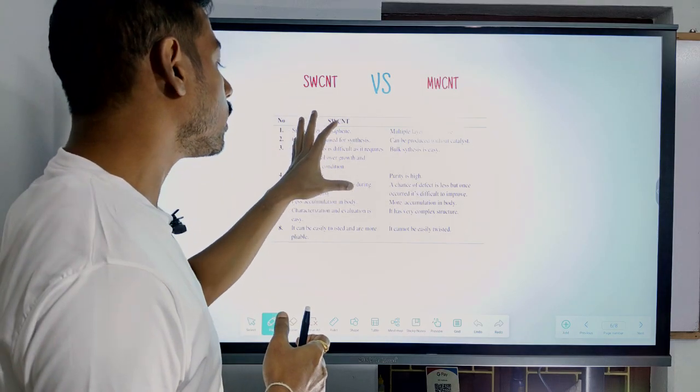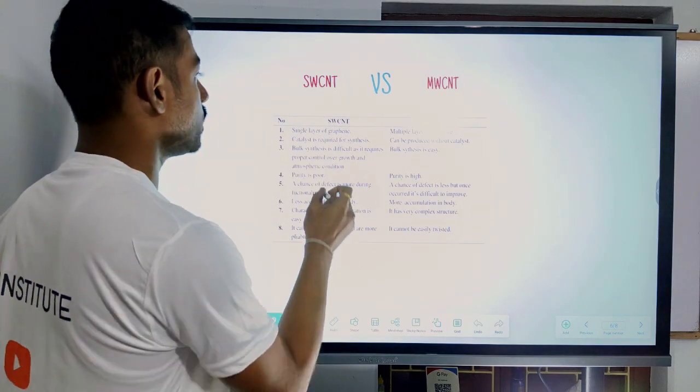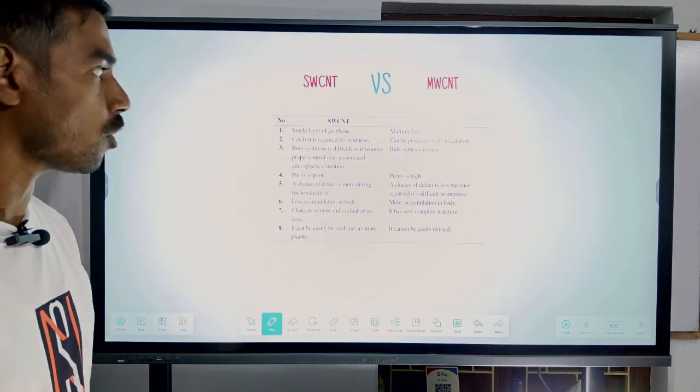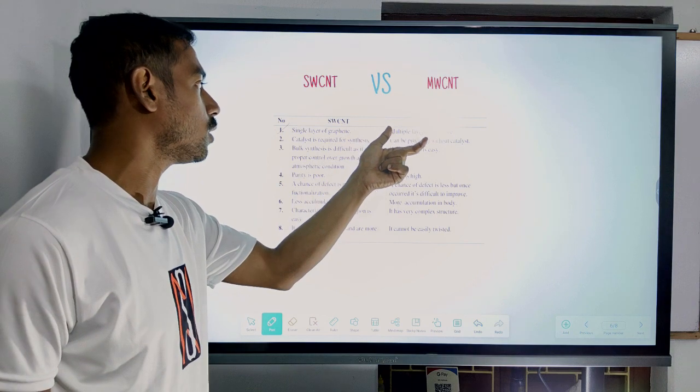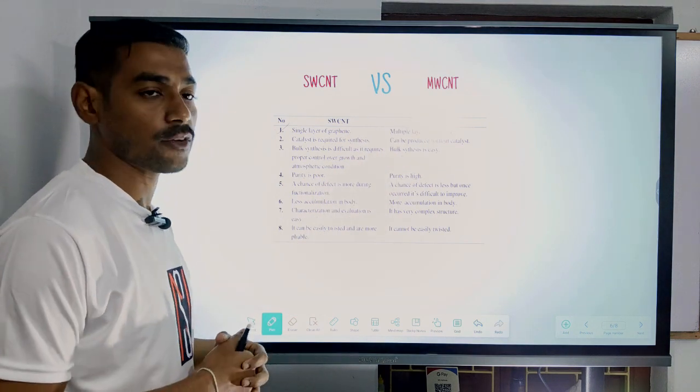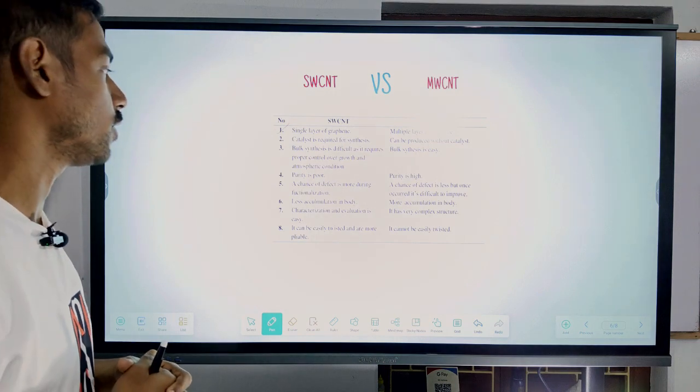So we already know this first point, that single wall carbon nanotube has a single layer of graphene sheet, or single layer of graphene cylindrical sheet, and multi wall is multiple layers of graphene cylindrical sheet.